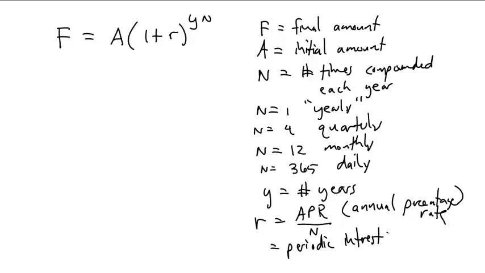And this is what throws people a lot. If you are getting 3% interest a year, compounded, let's say, monthly, what is 3% compounded monthly? You don't get the 3% each month, you get 3% each year.